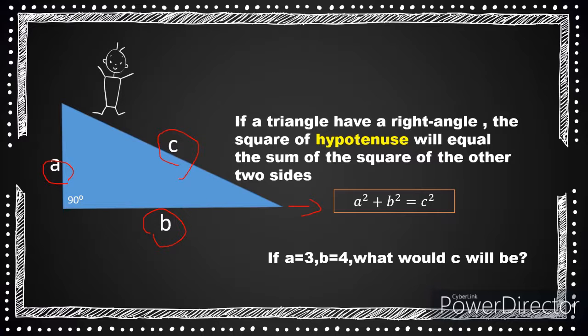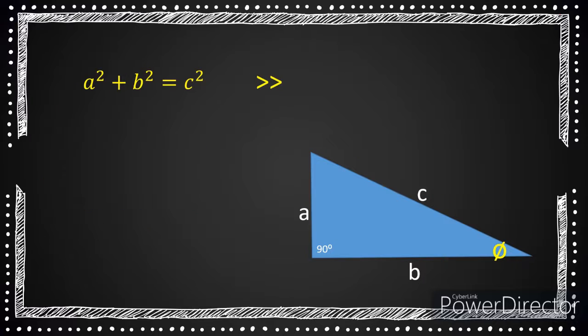If a equals 3 and b equals 4, what would c be? 5, 4, 3, 2, 1. Correct, it's 5.